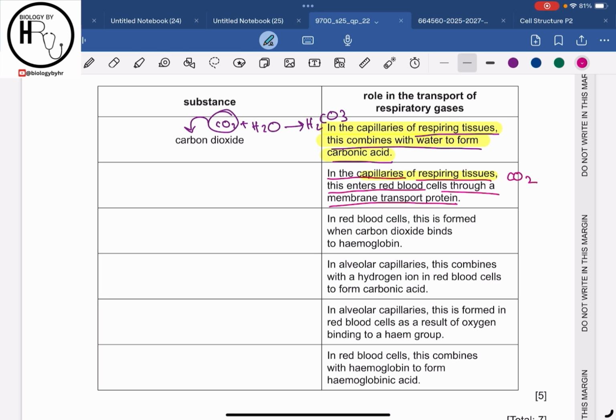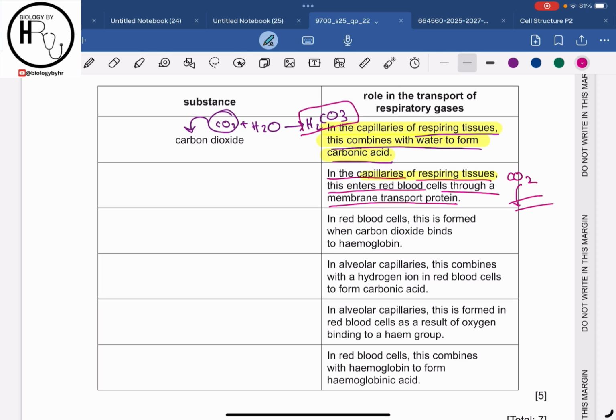Then this carbon dioxide diffuses into the capillaries to be transported to the lungs for the excretion, right? So the carbon dioxide should not stay in the blood for a longer time, as it is already very toxic to the blood, right? So the carbon dioxide will enter the red blood cell and combine with the water to form the carbonic acid, right?